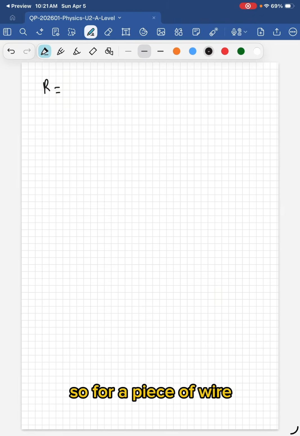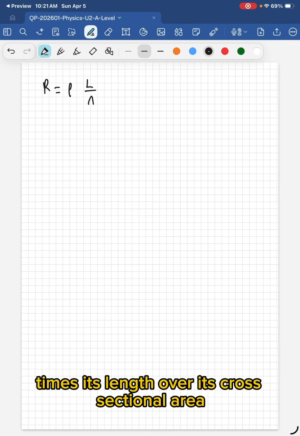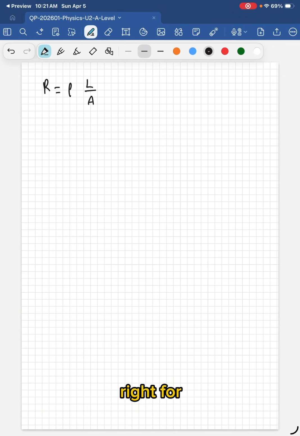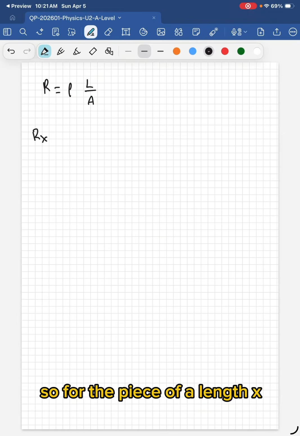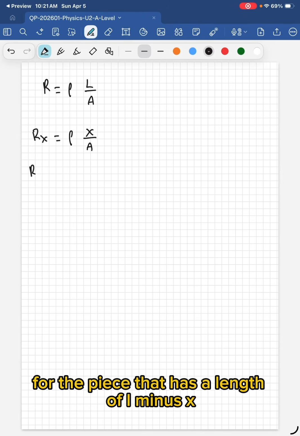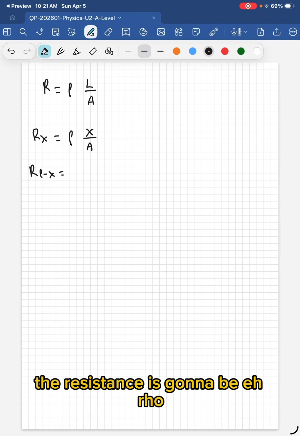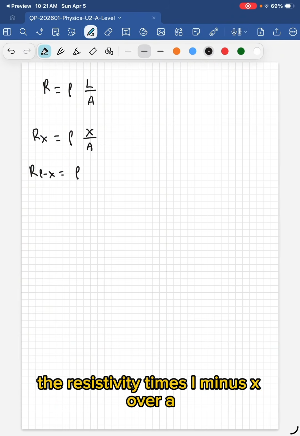For a piece of wire, the resistance is given by its resistivity times its length over its cross-sectional area. For the piece of length x, this resistance is going to be rho times x over A. For the piece that has a length of L minus x, the resistance is going to be rho times L minus x over A.